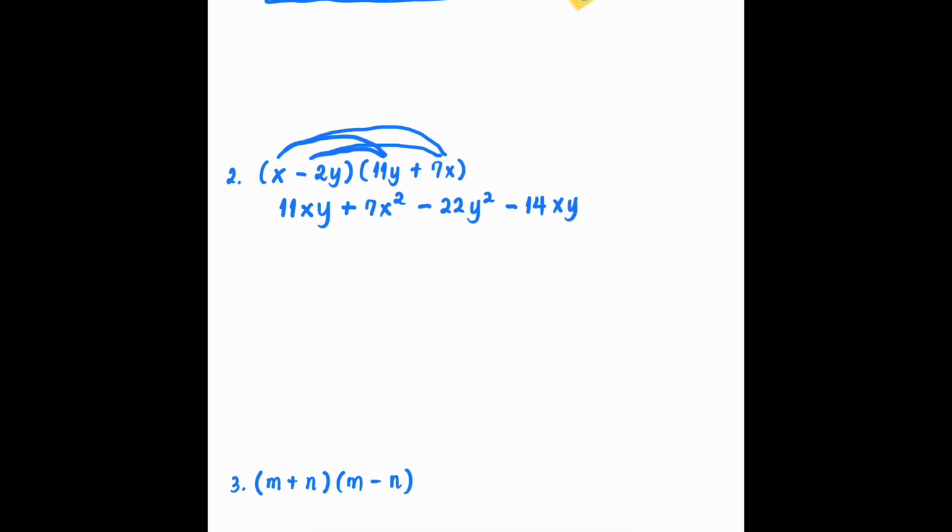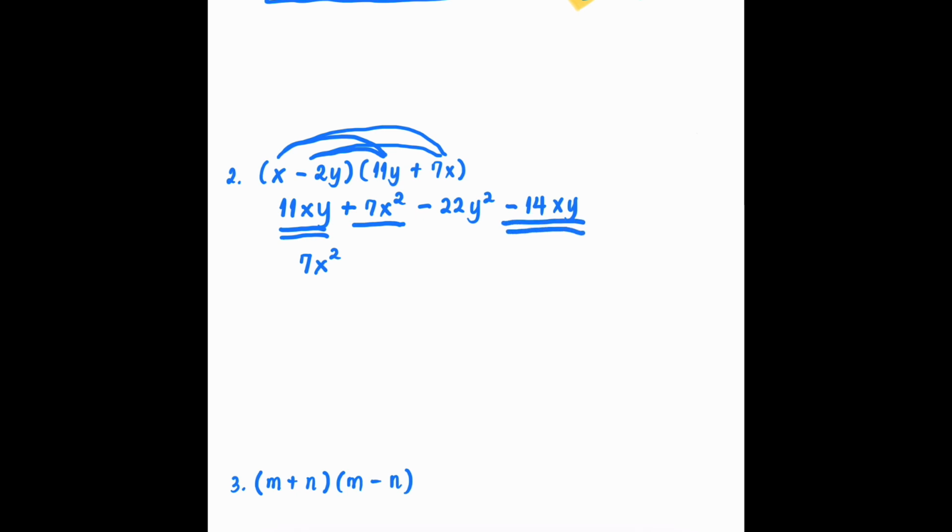Now, we have this polynomial right here, but it's not the final answer yet. So we need to make sure to simplify by combining like terms. By looking at the polynomial we got, we have a term with x squared, which is the only one, so we can copy that. So positive 7x squared. Then we have two terms with xy. We're talking about 11xy and negative 14xy.